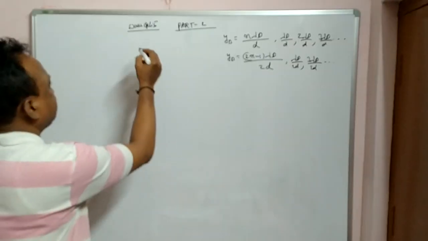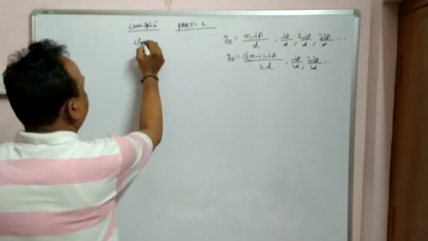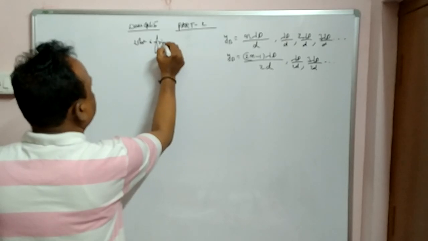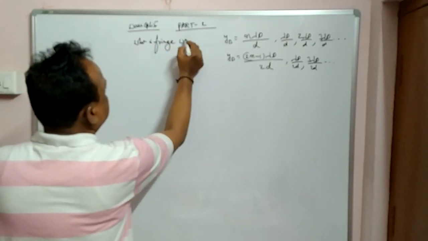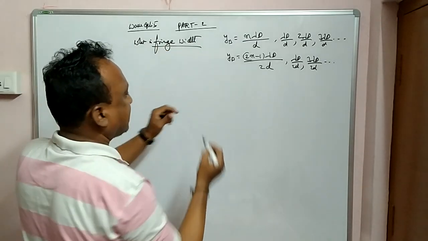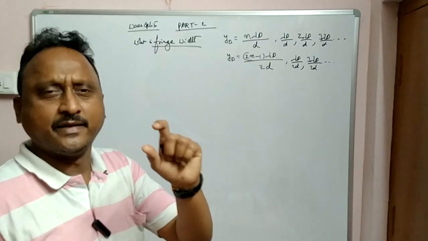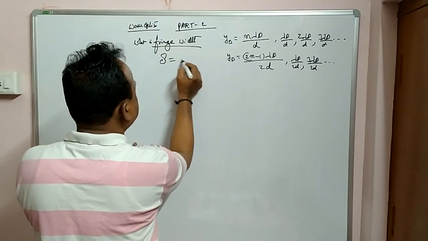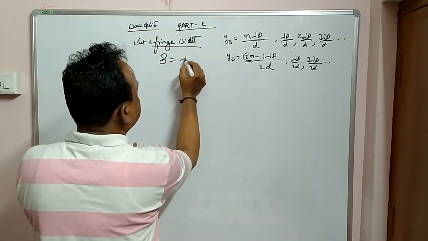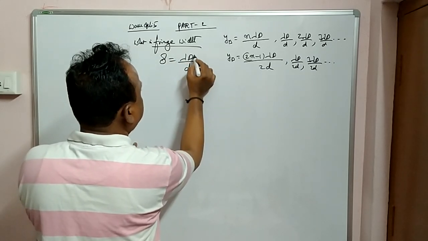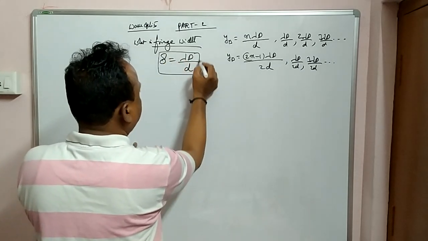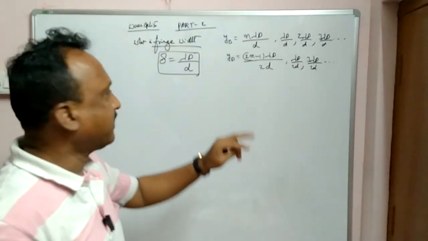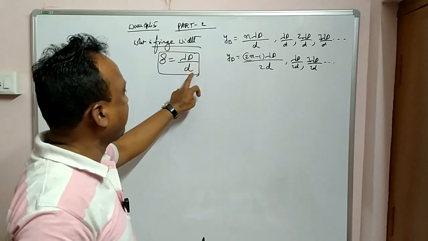Now in this class we will be dealing with what fringe width is. Fringe width is nothing but the thickness of the band, bright or dark band. Fringe width is given by lambda capital D by d.